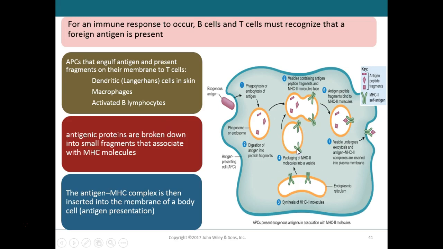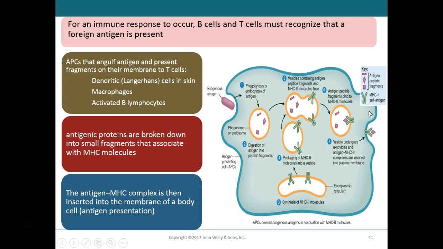So these little green things here are the MHC proteins, and then we're going to fuse this vesicle with this vesicle. So now we've got our broken down antigen proteins and the MHCs all together, and they're going to form a complex. Once that complex is formed, we're going to exocytose. Remember, that means to remove from the cell.